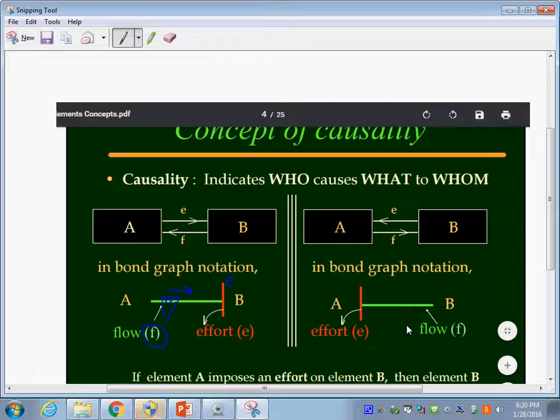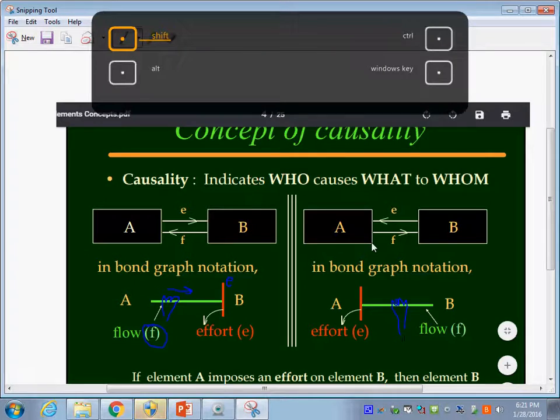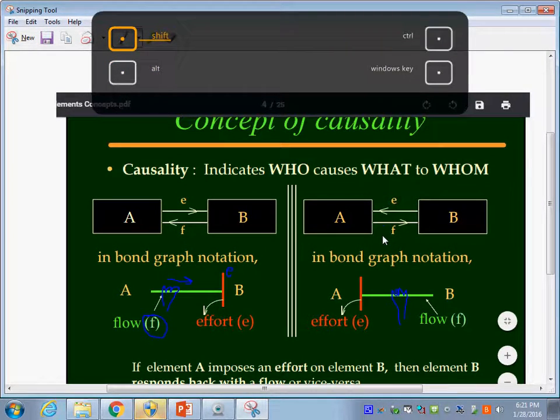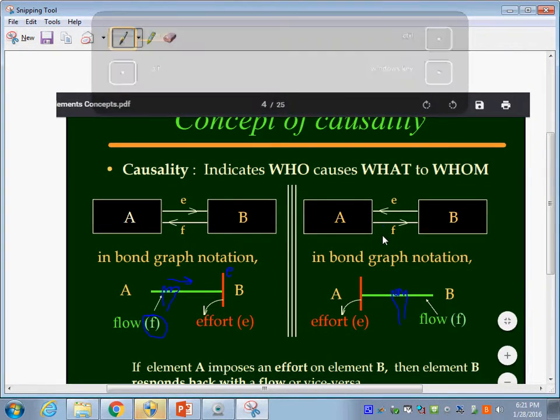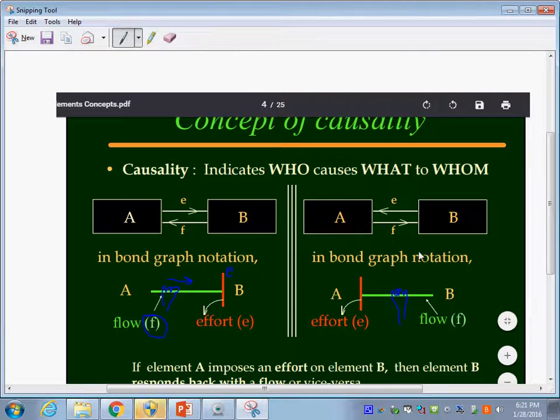You see, let's say that you are in here again, there's your hand. There you go. And now you say, okay, if you press it so that B inflicts an effort on A, it is represented by this crossbar.